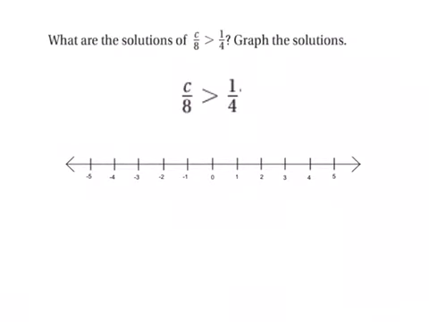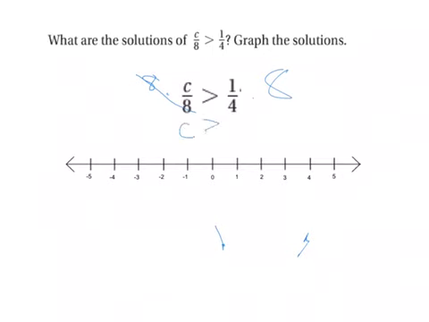Okay, so we have another similar inequality. What are the solutions of c over 8 is greater than 1 over 4? So again, my mindset is I'm going to solve this like a regular equation. The opposite of c divided by 8 is times 8. And so I'm going to multiply by 8 on each side. Okay, 8 over 8 goes away on the left.